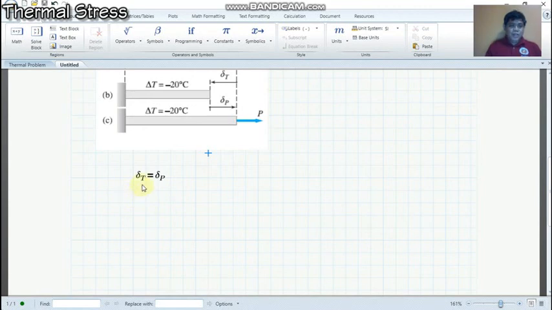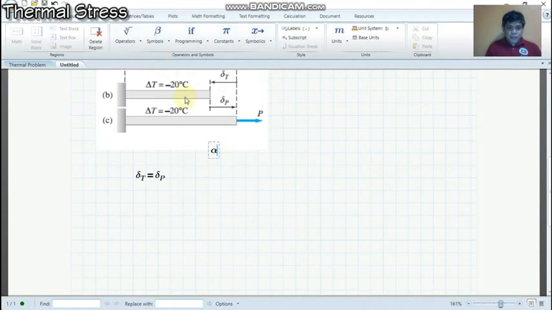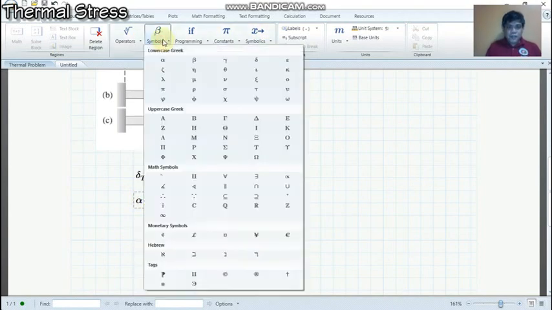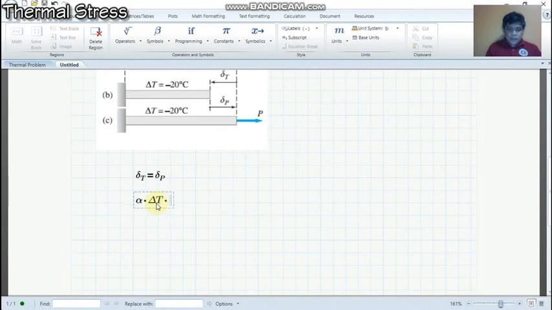Okay, so the deformation due to temperature is equivalent to your alpha, the coefficient of thermal expansion, times the change in temperature, times the total length.